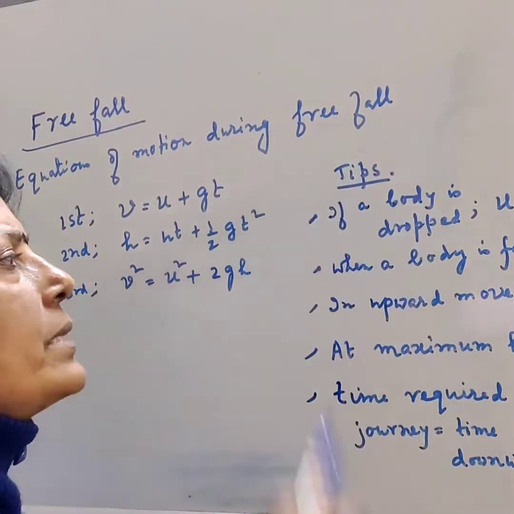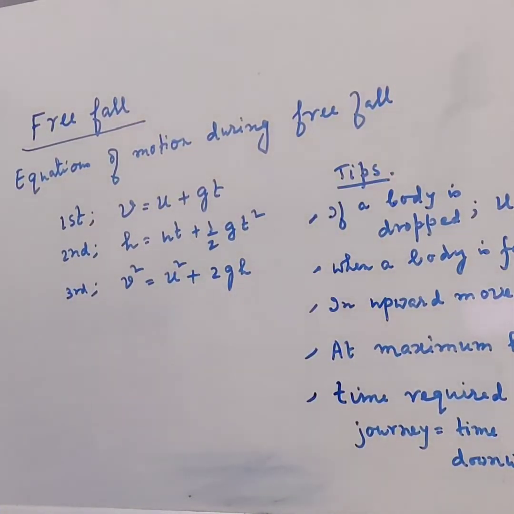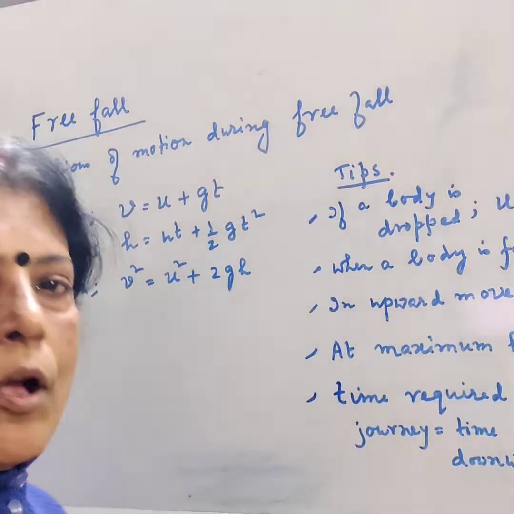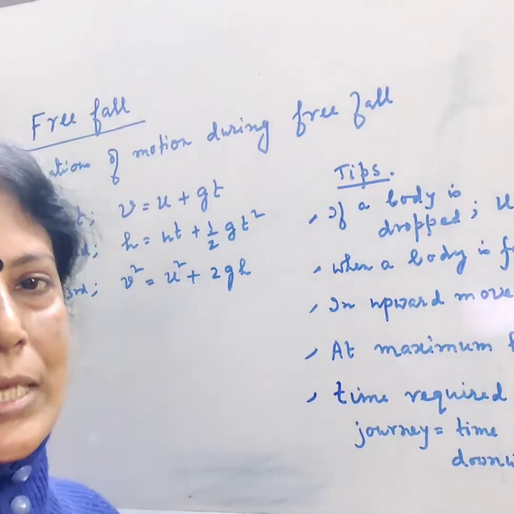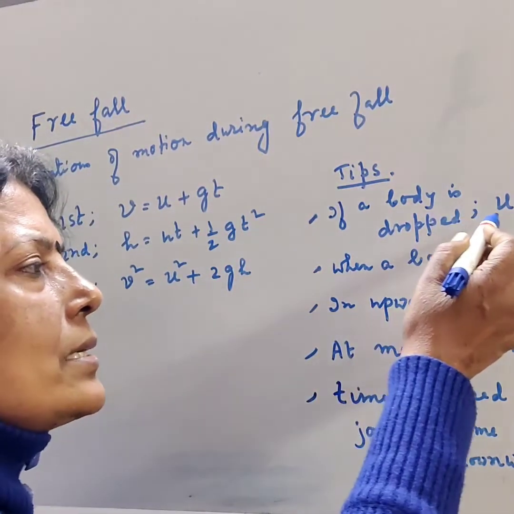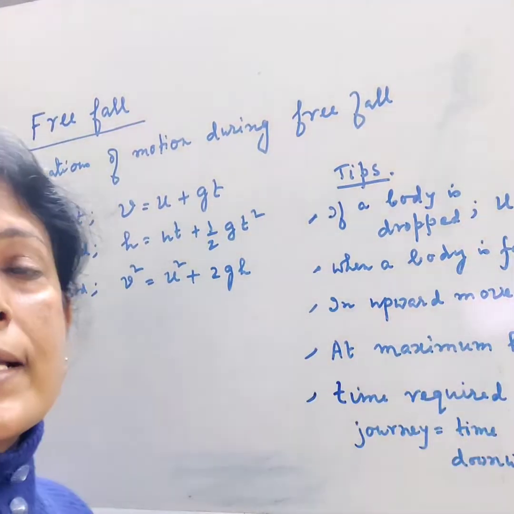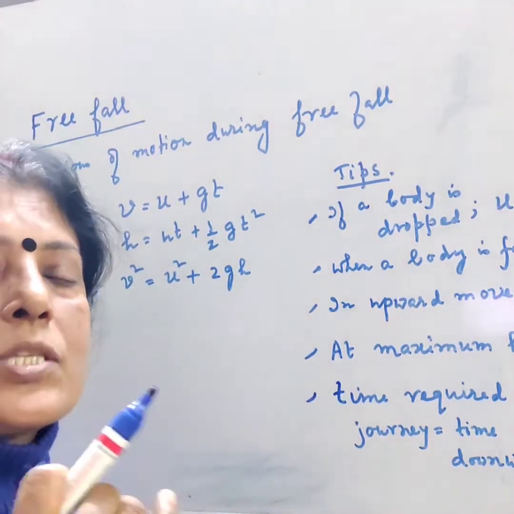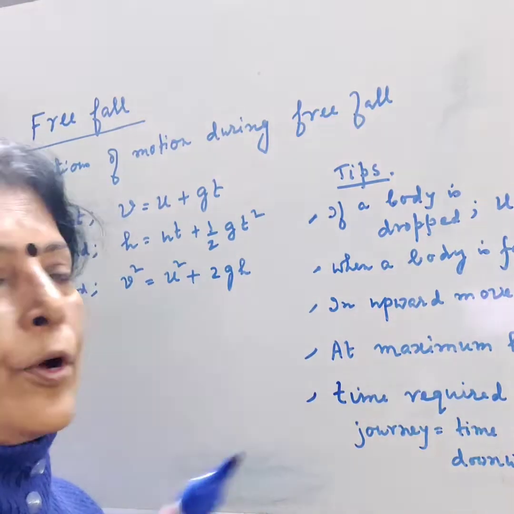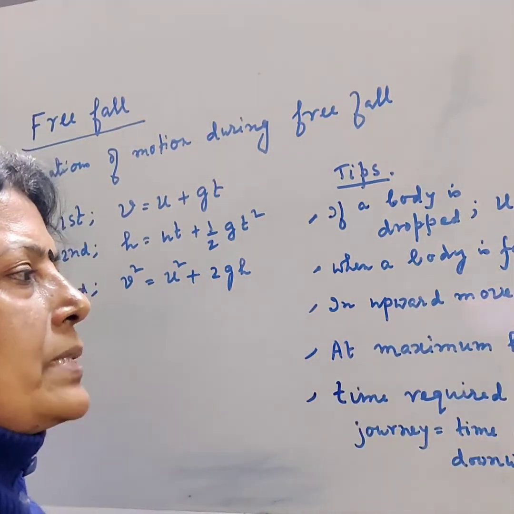Now, here are some tips to solve problems. If a body is dropped or falling from a height, then initial velocity is taken as 0, that is, U is equal to 0. When a body is falling, acceleration due to gravity is taken as plus 9.8 meter per second square.